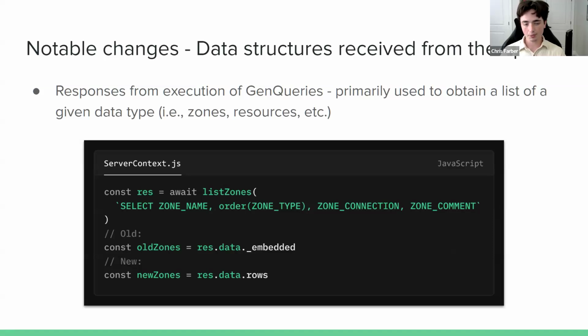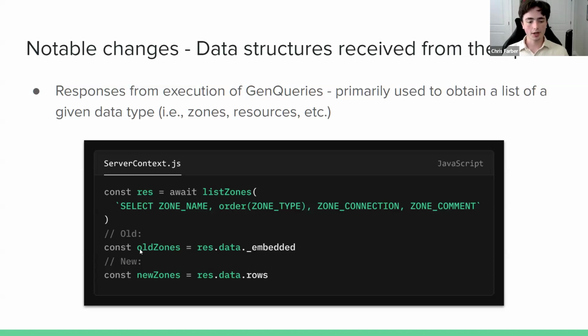And the next notable change were the data structures that are being received from the API, and more specifically, the responses that are given from GenQueries. These are basically used to obtain lists of a given data type, such as zones, resources, users, all that. You can see here, this basic list zones function takes in the SQL string that is then executed on the server.